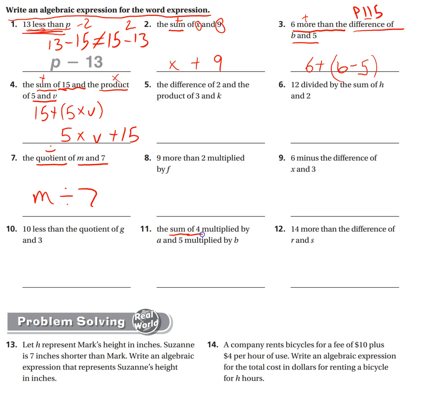The sum of 4, so sum of 4 multiplied by A and 5 multiplied by B. Oh man, there's a lot going on here.